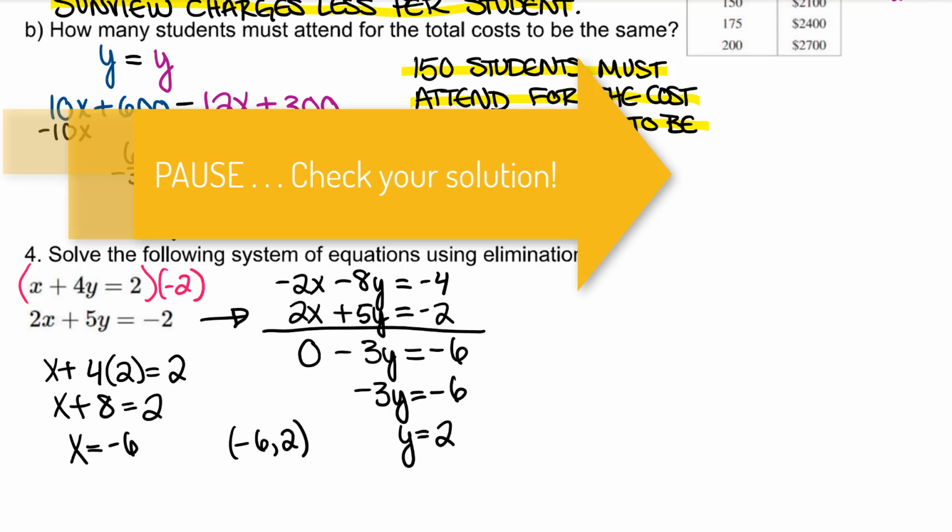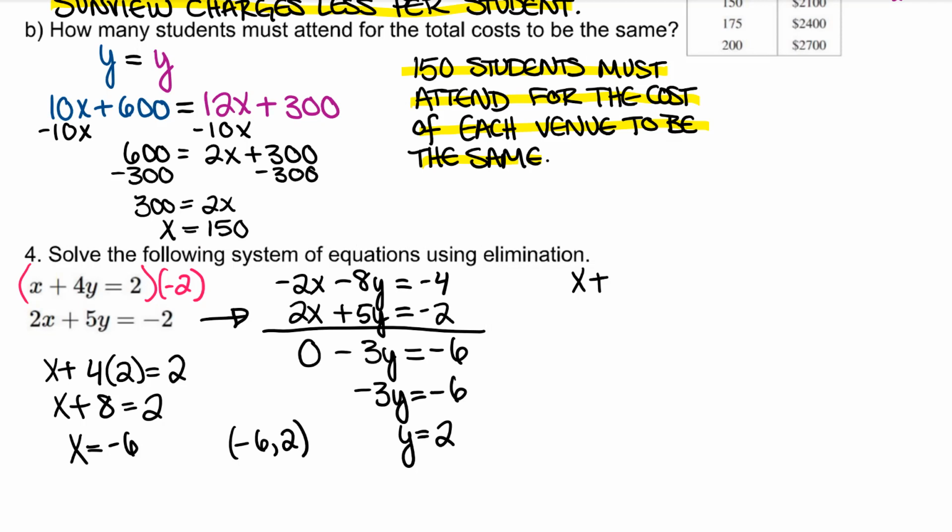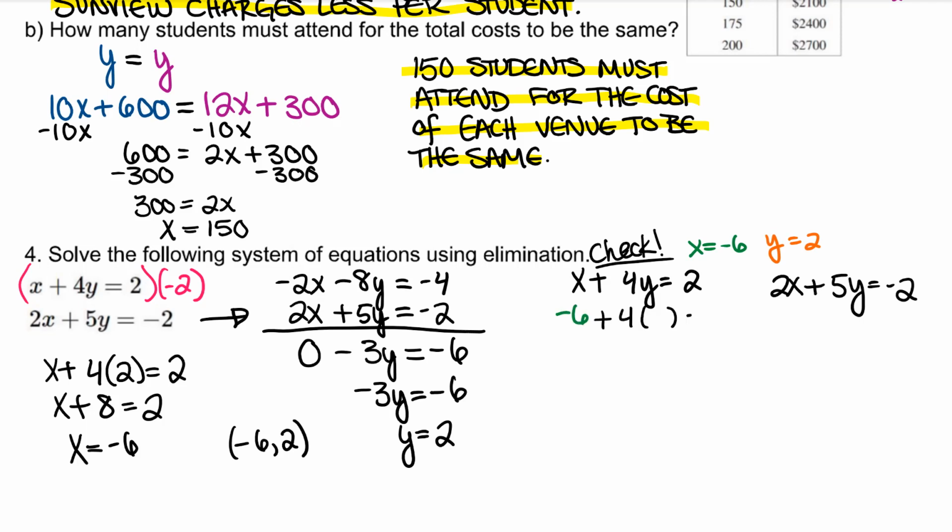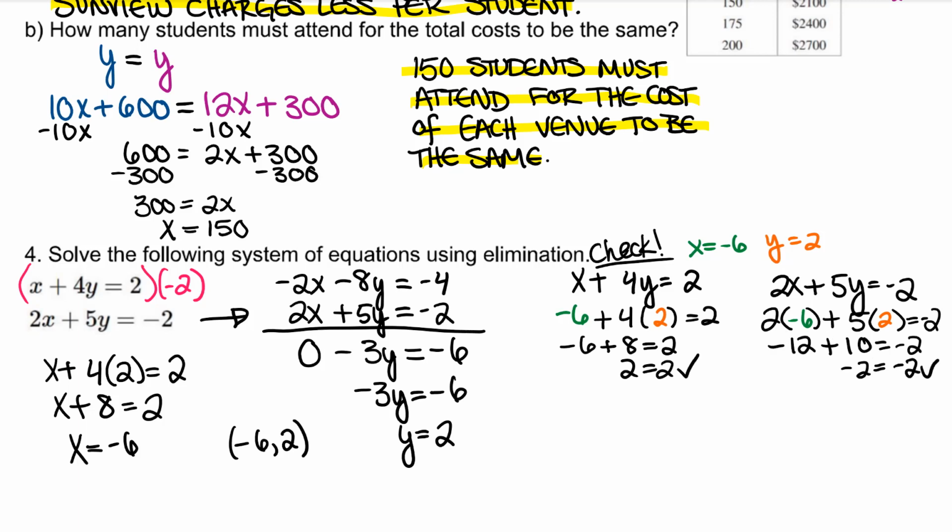Go ahead and plug in -6 for x and 2 for y into each equation, and if both are made true by this solution, then it is our solution point. Now that we have verified that this is the solution, (-6, 2), we will highlight to show that it is the answer.